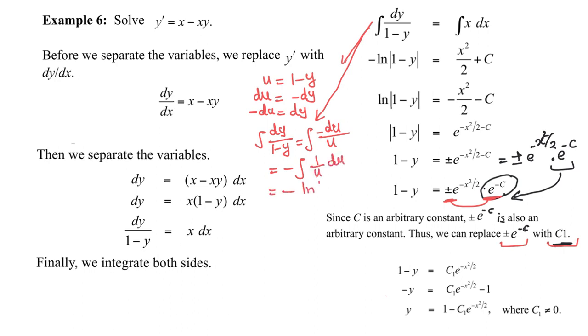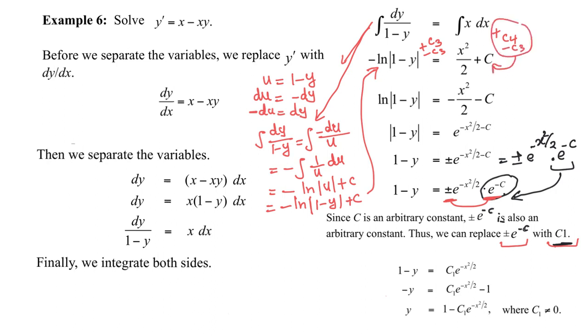So negative ln of the absolute value of u if you take the antiderivative, and plus c or some constant will still be there, and negative ln of, replace this u back with our substitution. So that is 1 minus y plus c. So basically we have some constant here, let's say c3, or here when you take the antiderivative that is c4 or something, then we are subtracting that constant on both sides, that makes it equal to c. So just adding one constant.